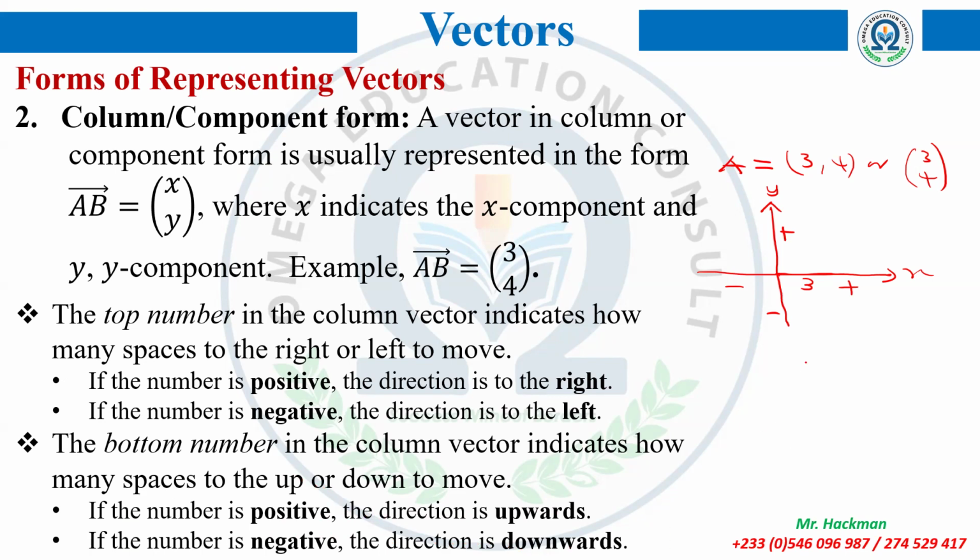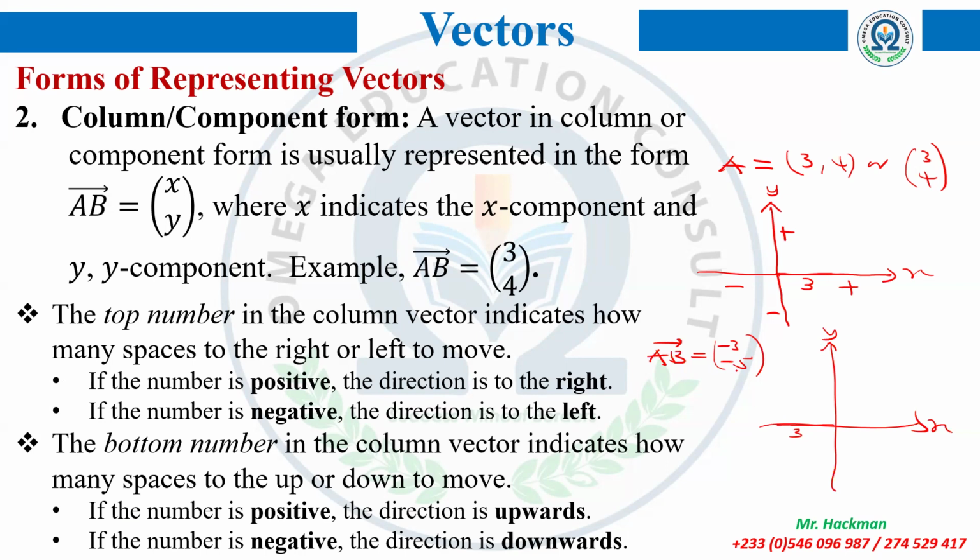So if I have the vector AB, I'm still using the vector AB, to be (-3, -5), and I want to draw it, so this is my Y, this is my X. Because my top number is negative, I need to move in this direction, 3 spaces.